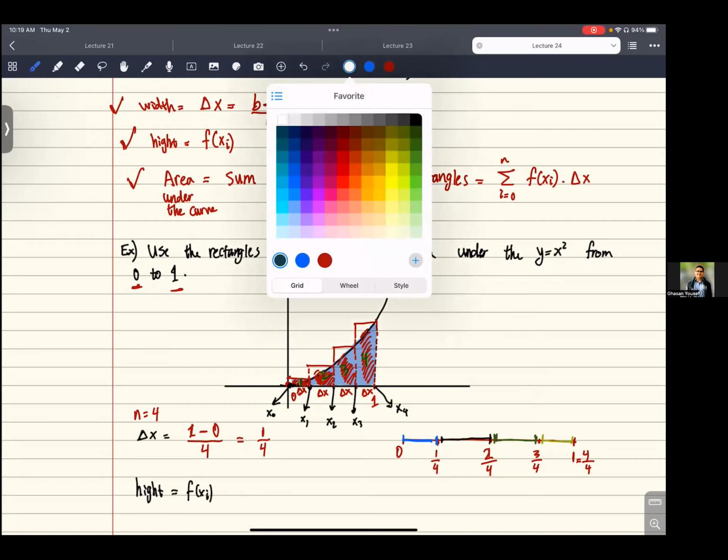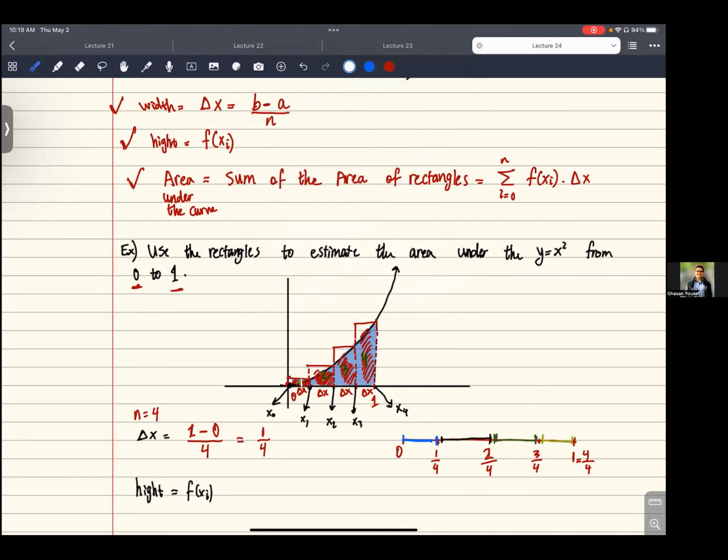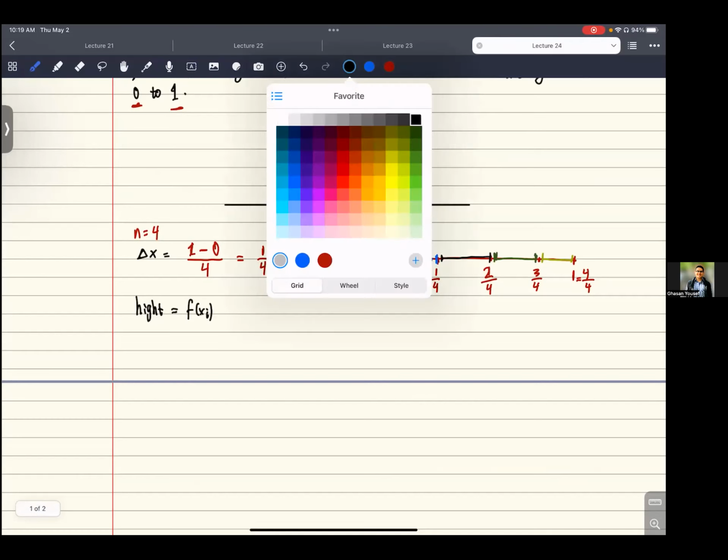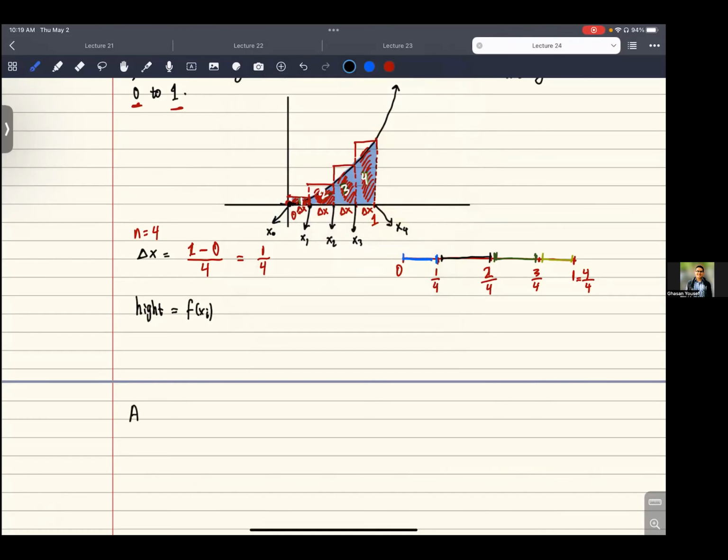I'm going to use the white color. So I'm going to find the area for these rectangles, and I'll call it R4. The letter R here means the upper estimate.